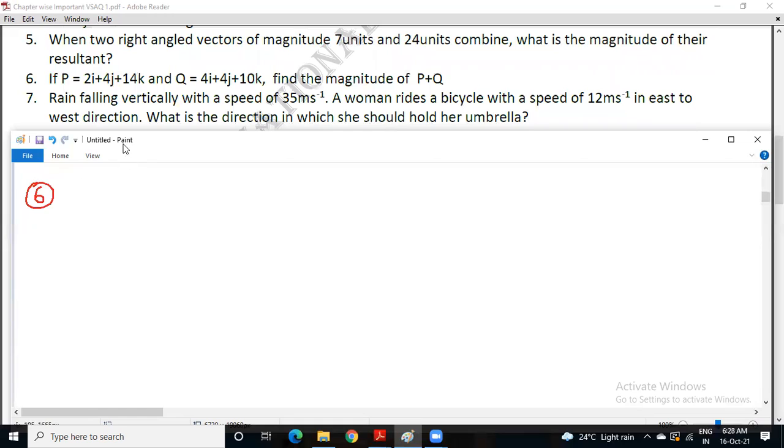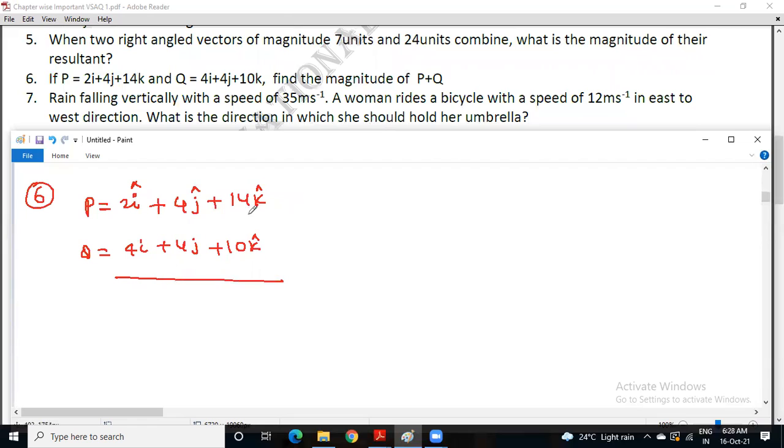Question 6: P is equal to 2i cap, 4j cap and 14k cap. Q is equal to 4i cap, 4j cap, 10k cap. We are asked to find the magnitude of P plus Q. First you have to add the two vectors.